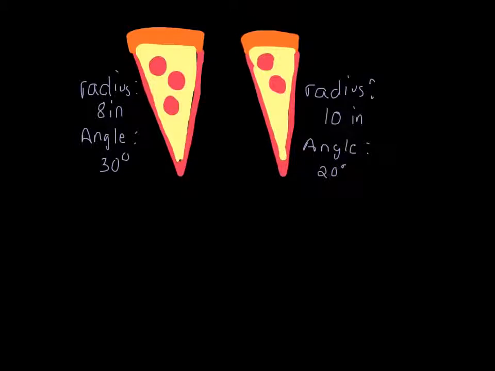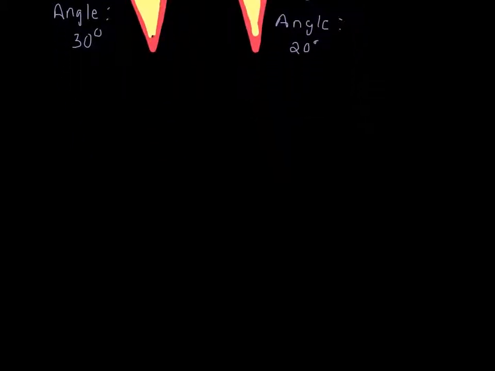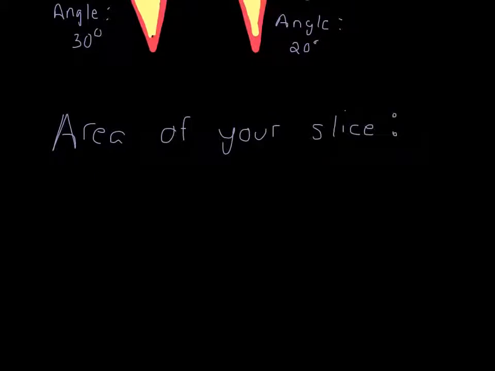To do this, you have to find two areas: the area of your slice of pizza and the area of your friend's slice. Let's find your slice's area first. Area is equal to pi r squared times theta over 360.